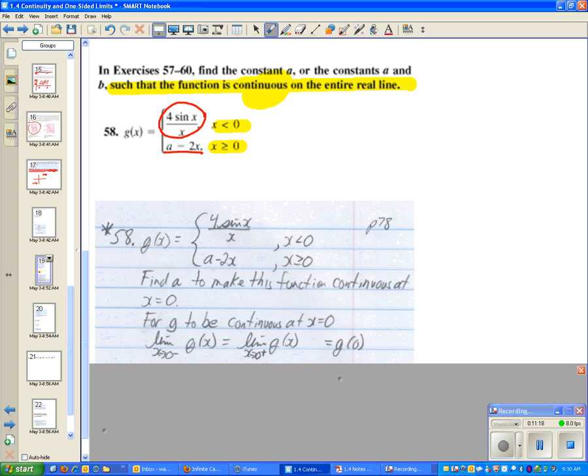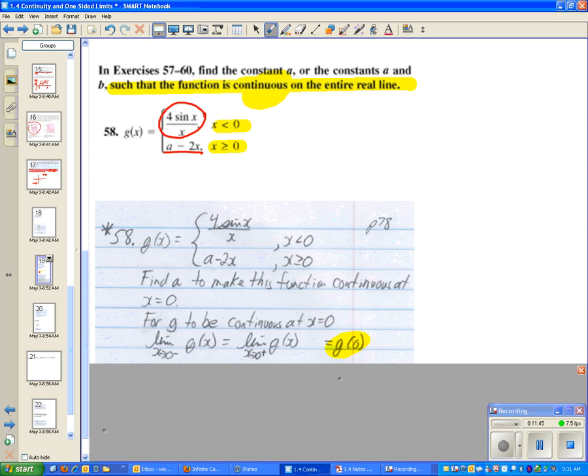F of c exists. So for us, g of 0 must exist. The limit of the function as x approaches c must exist. So for us, the limit of g of x as x approaches 0 must exist. And the value of the function must equal the limit of the function. So for us, g of 0 must equal the limit of g of x as x approaches 0.